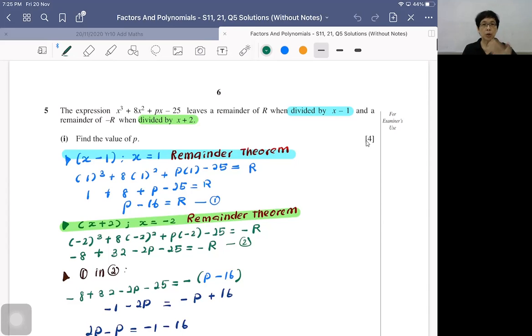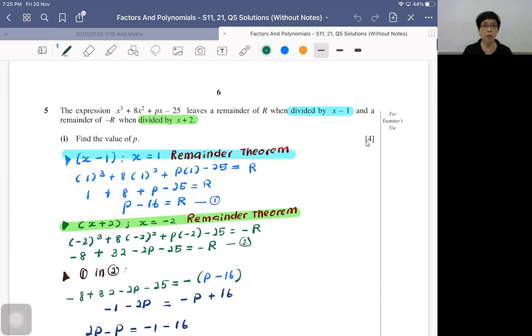From the divisor, you can draw out the value of x, and when you substitute it into all the places where x appears, you equate it to the remainder value. That is a quick revision of the factor theorem and the remainder theorem.